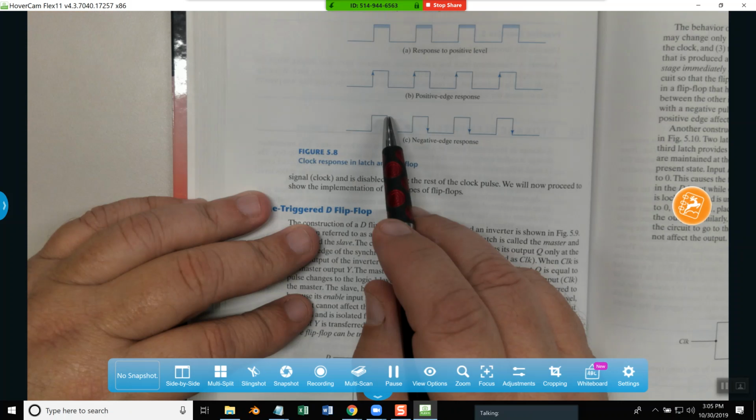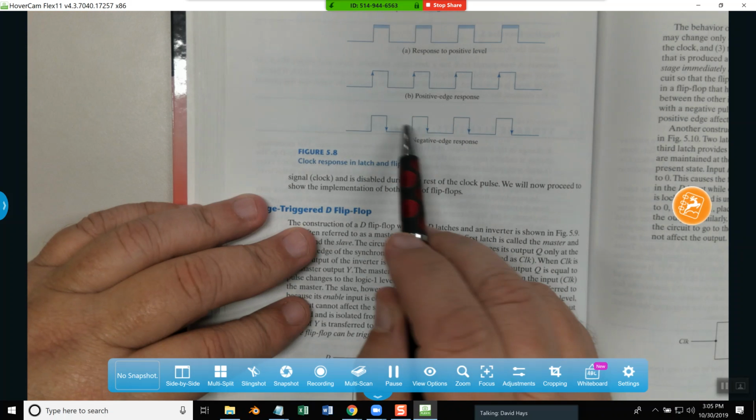Okay, construction of a D flip-flop with two D latches and an inverter, shown in figure 5.9, is often referred to as a master-slave flip-flop. The first latch is called the master, and the second one is called the slave.